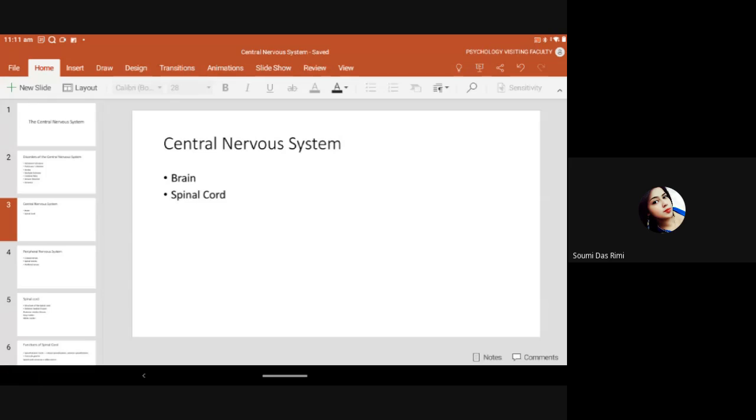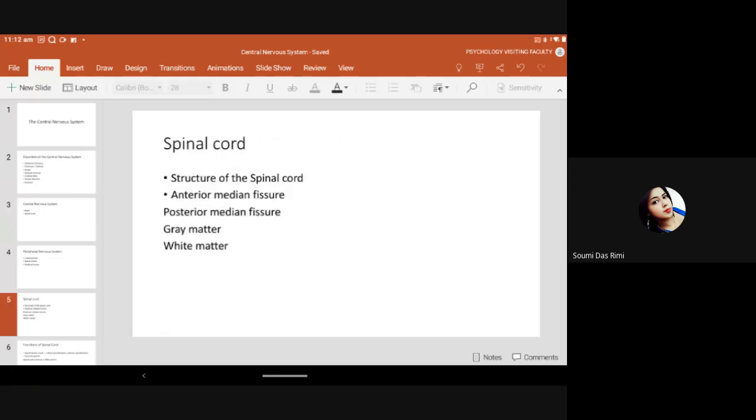And the spinal cord is placed within the spinal column. So these are the main structures we have in the central nervous system. Now, the most important part is the spinal cord. What is this spinal cord? There are some fixed structures of this spinal cord.